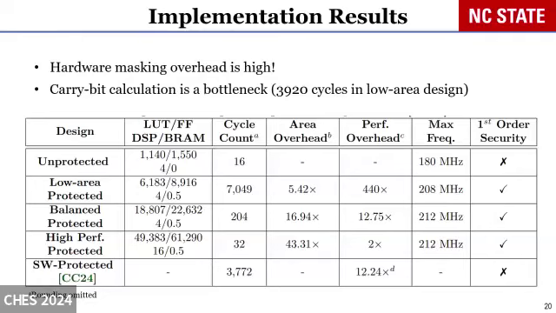So as I mentioned in the beginning, hardware masking overhead is high. The unprotected design you see in the first row here, with the number of cycles needed to compute operations, will be much higher when you go to the protected design.